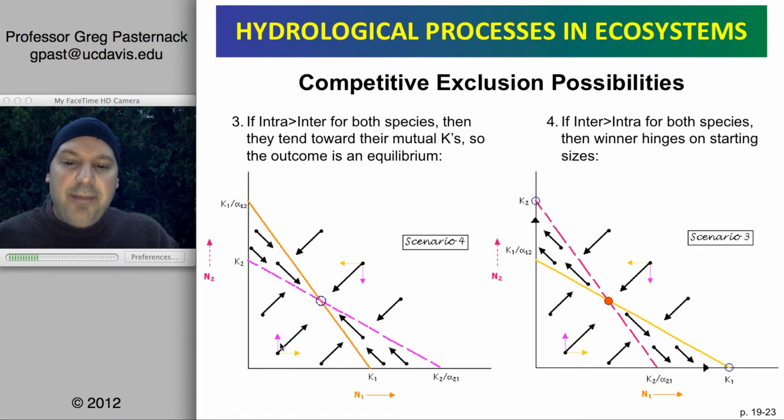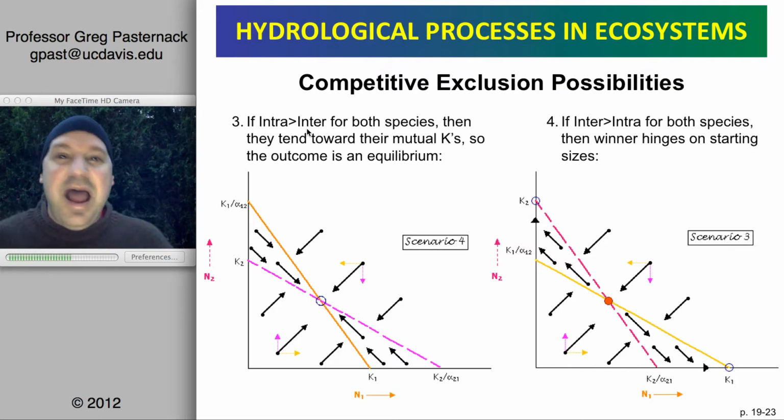If you start with small population size, let's say you start with a lot of N1 and a little bit of population 2, you drive up until you hit the line that represents its limits, and then at that point, population 2 is going to be able to keep growing until you reach the point where its own, let's see, wait, I actually said that backwards, so I have to apologize. Okay, this is the case where the intraspecific competition is greater than interspecific competition. So they're not hurting each other. They're basically not minding each other, and they're hitting their own carrying capacities.